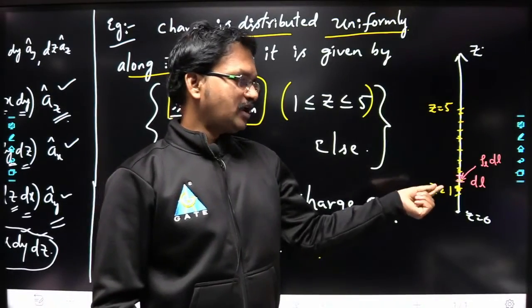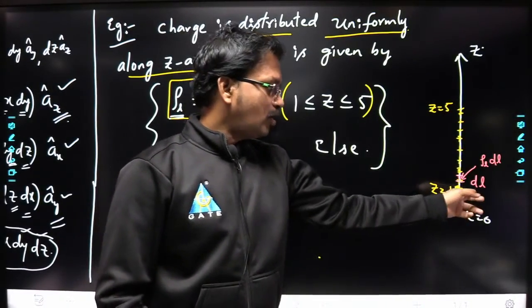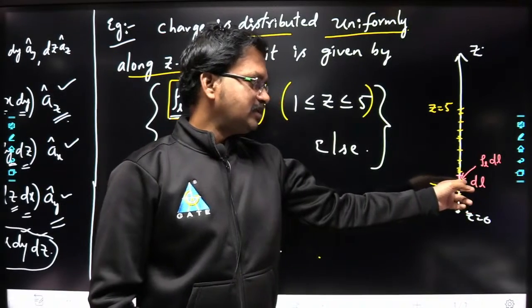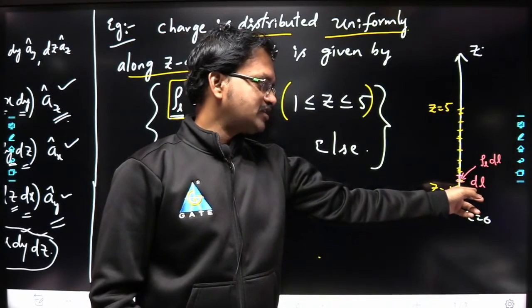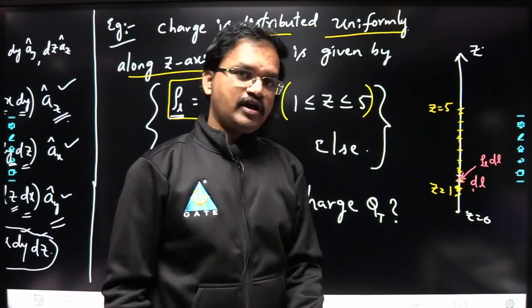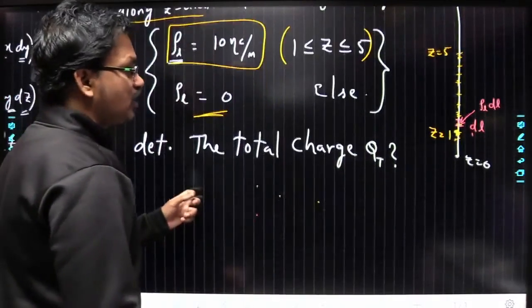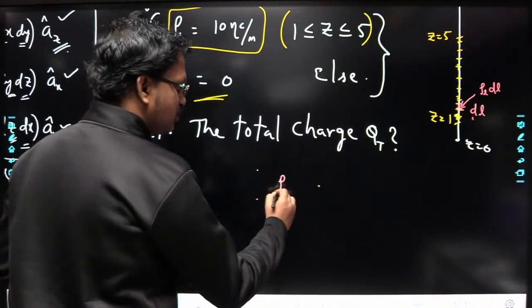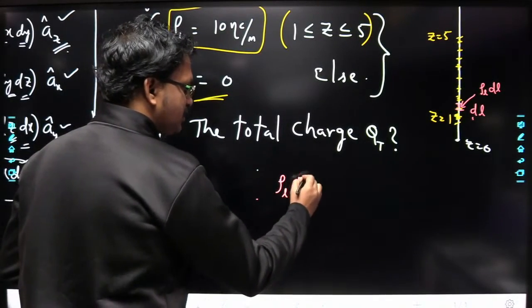So the charge distributed over a small differential length dl is rho l into dl.